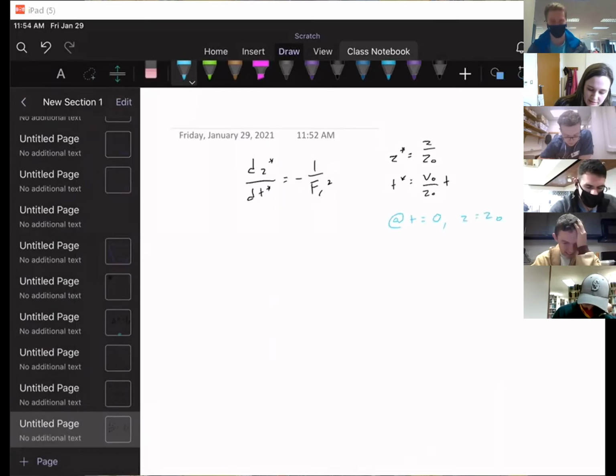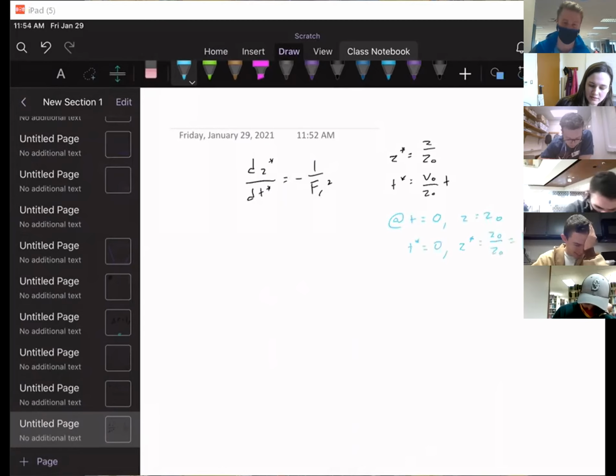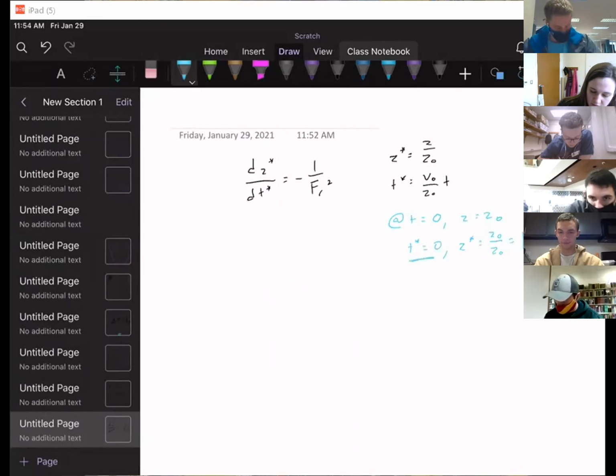So that means that at t star equal to 0, z star will equal z naught over z naught, which is 1. So that's our first boundary condition. At t star equals 0, z star equals 1. I'm going to just write that out.